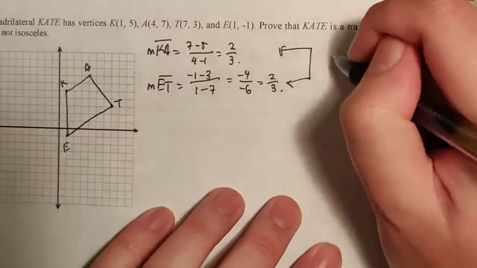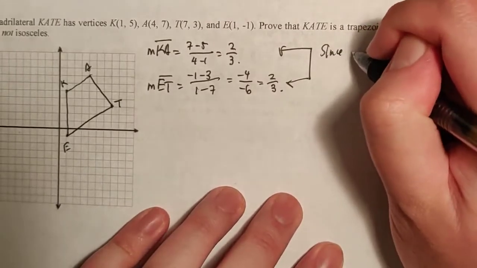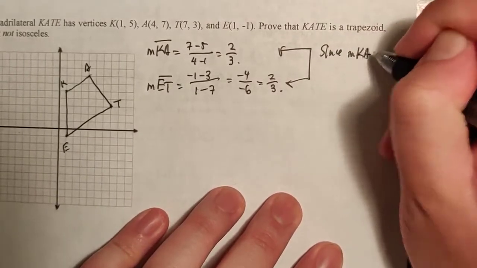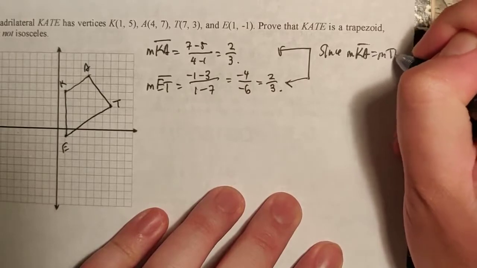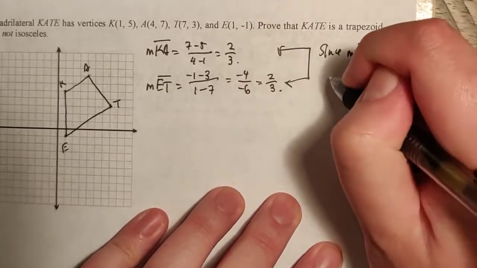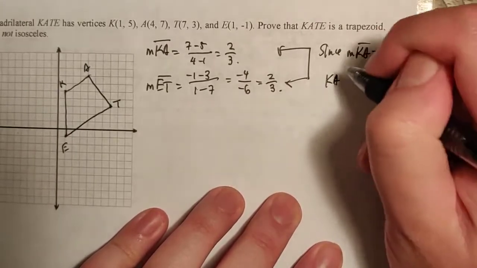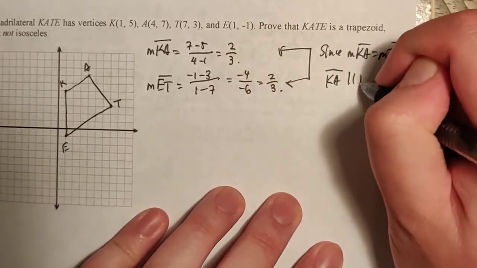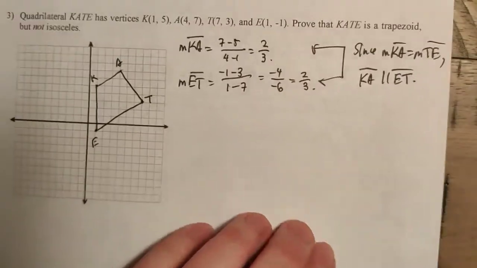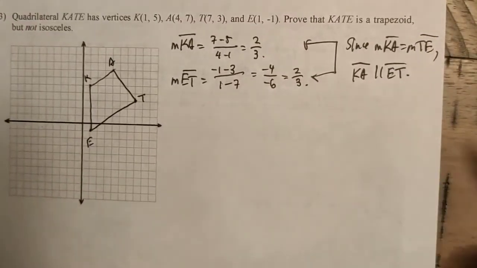We note that since the slope of KA equals the slope of TE, we know KA is parallel to ET. So note that now we have enough information to show that this has to be a trapezoid.